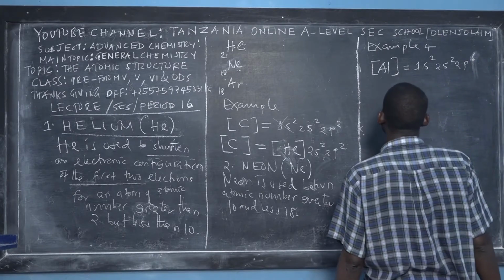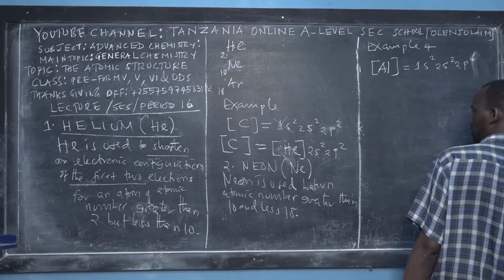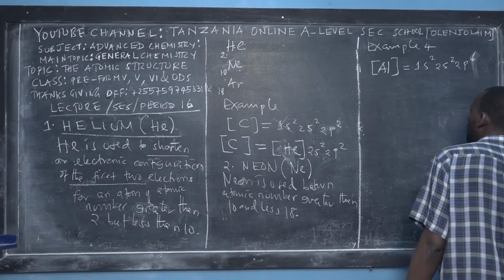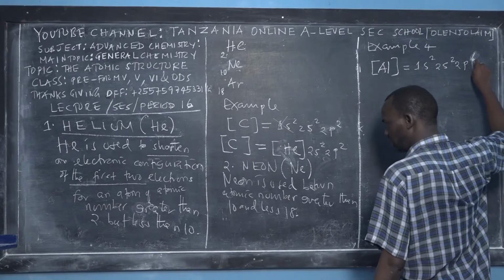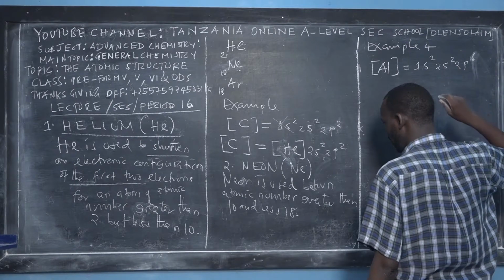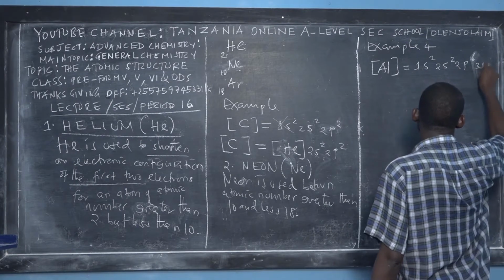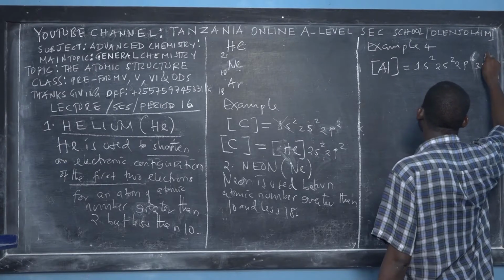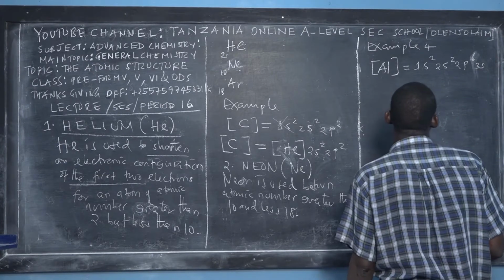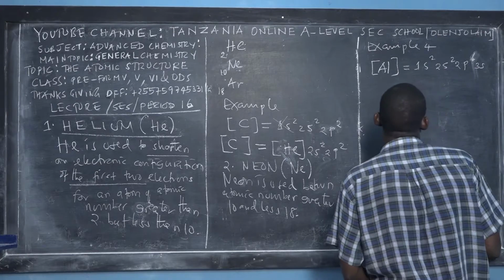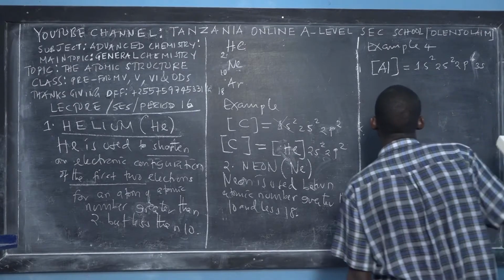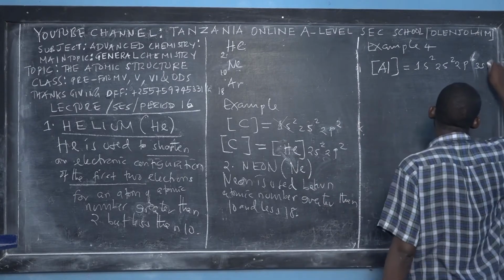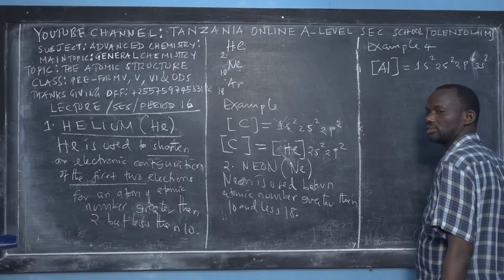So the total will be 10. So 3 remain, in the next energy level, 3s. 3s accumulates 2 electrons.